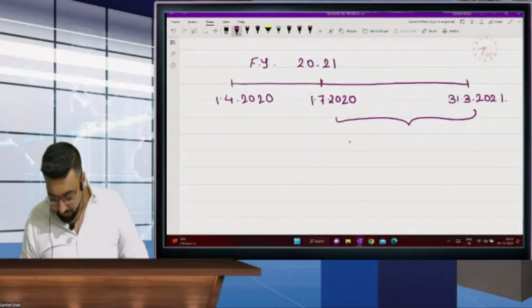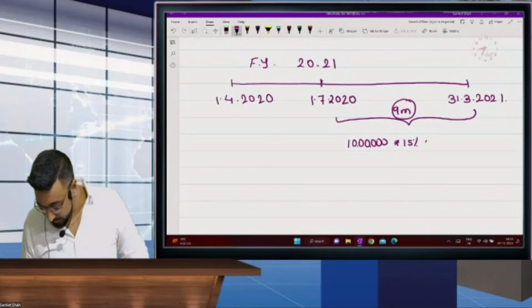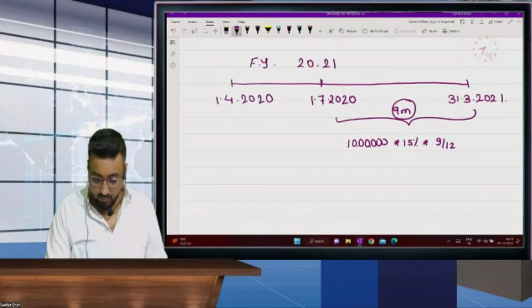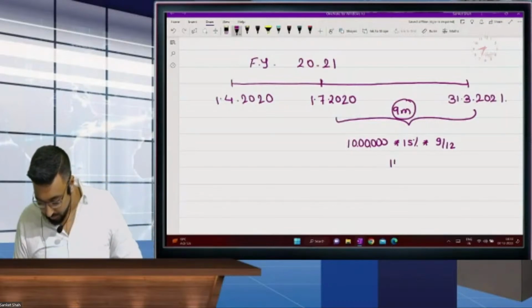FD rate 10 lakhs, this is 9 months, into 15% into 9 by 12, 1,12,500. This is your income.